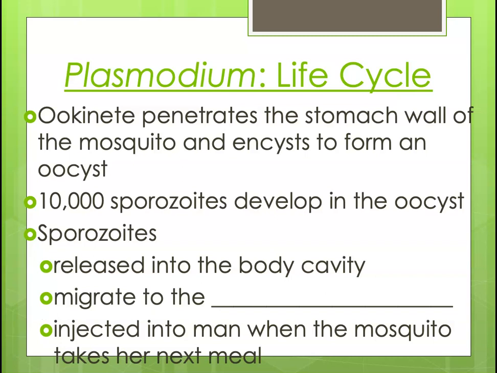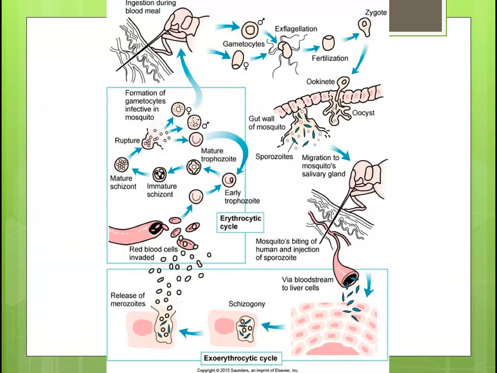What is infective for the mosquito? It is the microgametocyte and macrogametocyte. So let's talk through this picture again. Here's a mosquito coming along, and she's ingesting macrogametocytes and microgametocytes from the human she just bit.